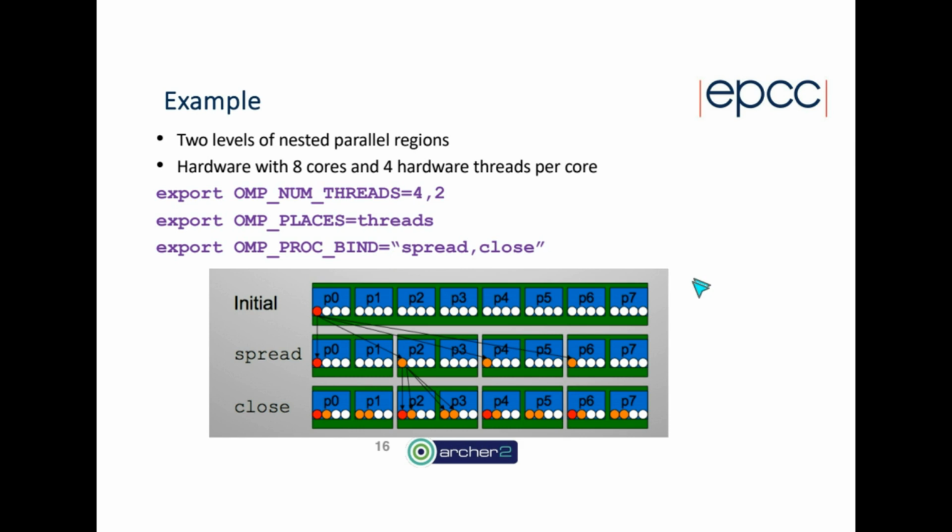What that will do is, at the top level parallel region, spread the 4 threads out as far as possible apart from each other. So the top level threads will run on cores 0, 2, 4, and 6.